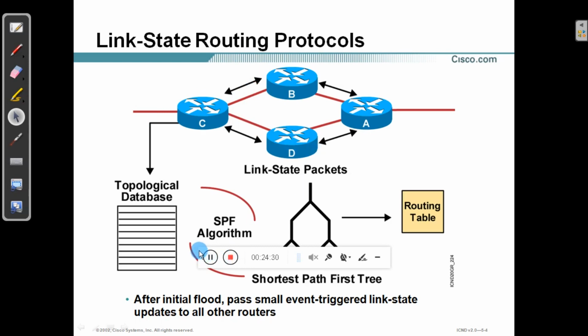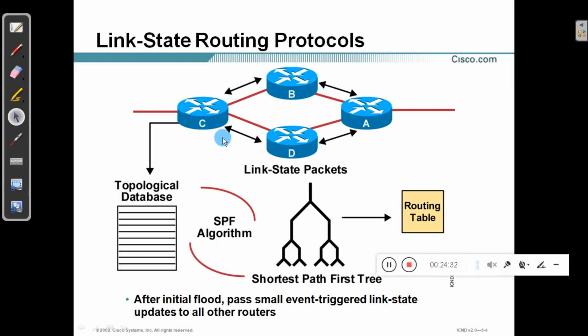But in the link state routing protocol, each router will have clear topological information about the group of routers. So here in the diagram, each router will speak to the other routers. Each router will exchange the packet called link state packet, and it will try to get the information about the other routers, type of link, cost of link, all those information, and from that it will create the topological database.